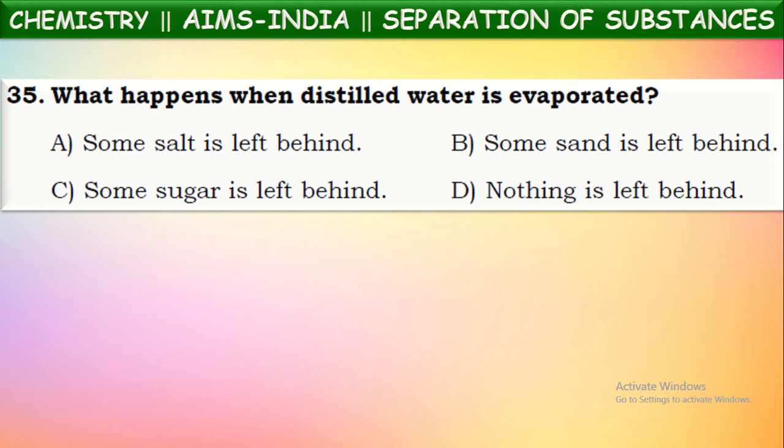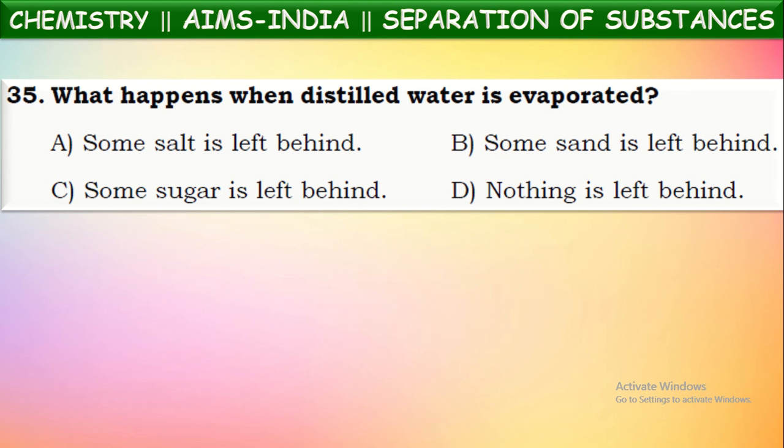So first of all, we have to know what distilled water is, so that we can say what will remain after evaporation. We know distilled water means the purest form of water. It contains only water molecules in it. No other impurities are present in it. Now, if you evaporate this distilled water taken in a container, what will remain?